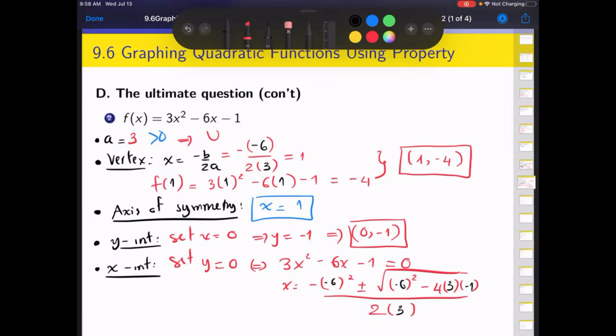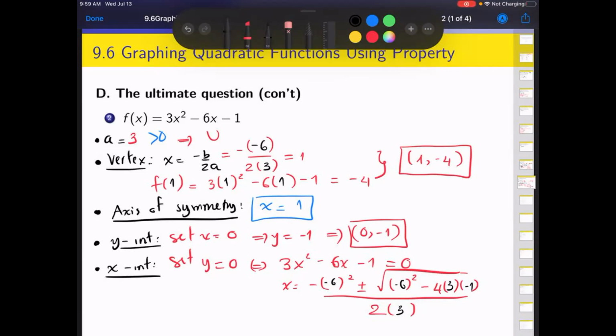So 36, minus, because negative 1 is negative outside, so minus the square root of 36 gonna be plus 12, divided by 6.